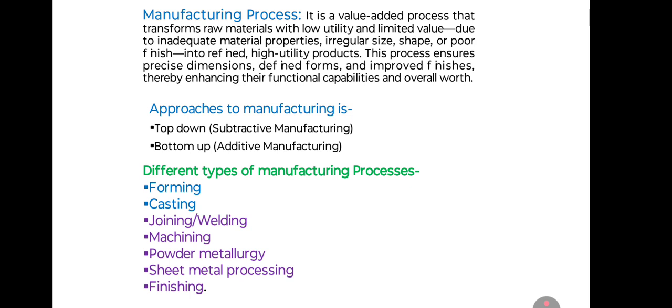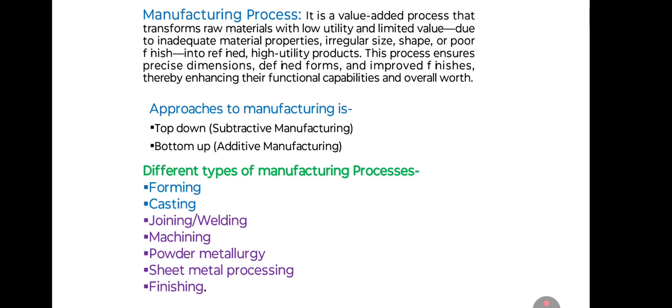This process ensures precise dimensions, defined forms, and improved finishes, thereby enhancing their functional capabilities and overall worth. In gist, we can say a manufacturing process transforms a low utility raw material into high utility finished goods.